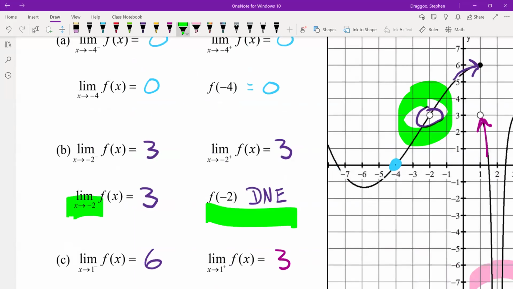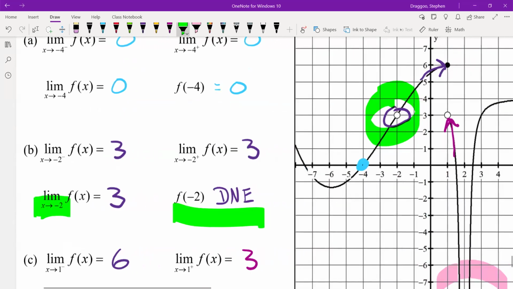As x approaches -2, where is y going? I can clearly see I should have the point -2, 3, because that's what the graph is doing. But since I'm not allowed to set x equal to -2, I have to get a little bit creative and instead take a limit as x approaches -2. And then say, okay, y has got to be 3.